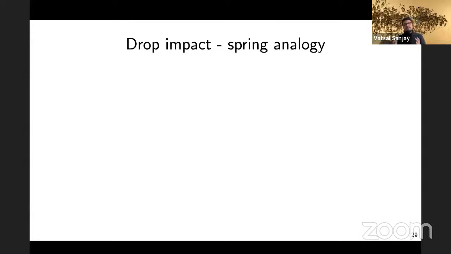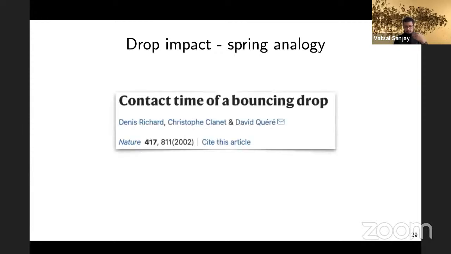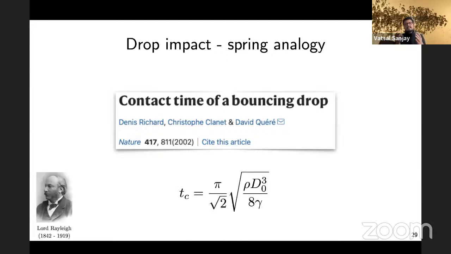And for that, let me quickly walk you through this drop impact and spring mass analogy, something that was proposed in this very nice Nature paper in 2002 by David Quéré, Christophe Clanet, and Denis Richard. They basically say that this drop impact is analogous to one drop oscillation.